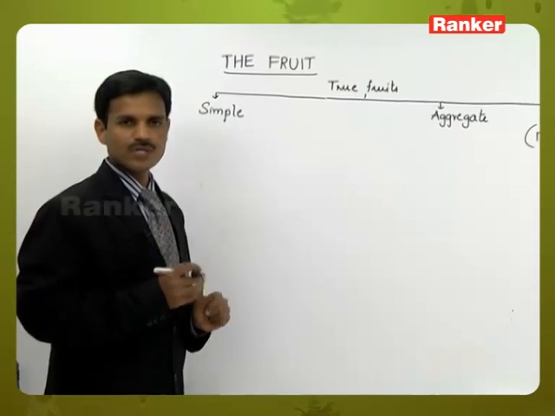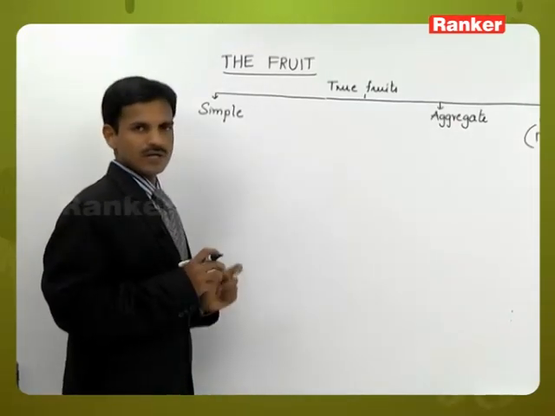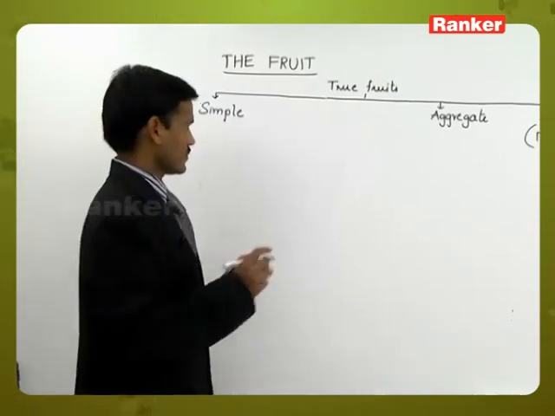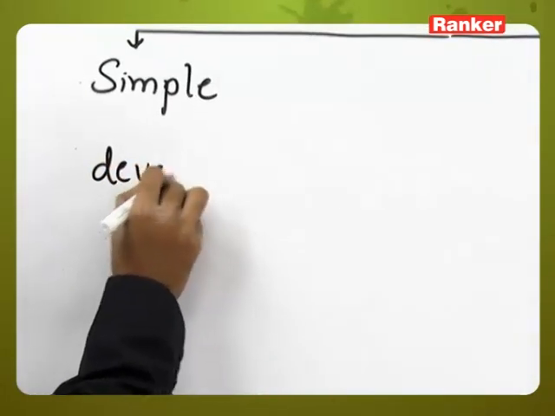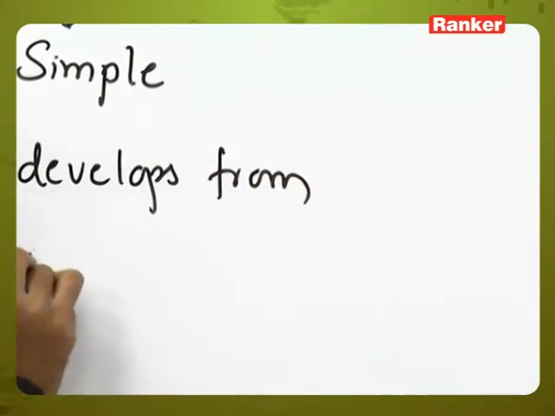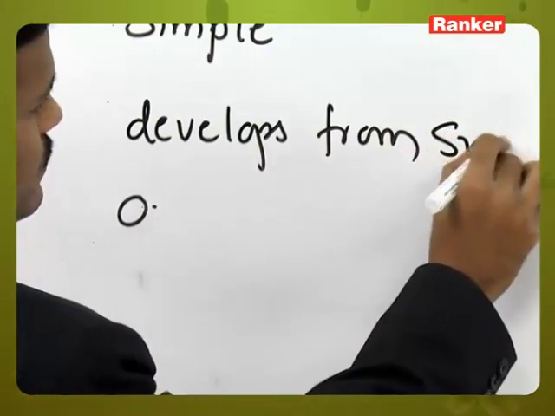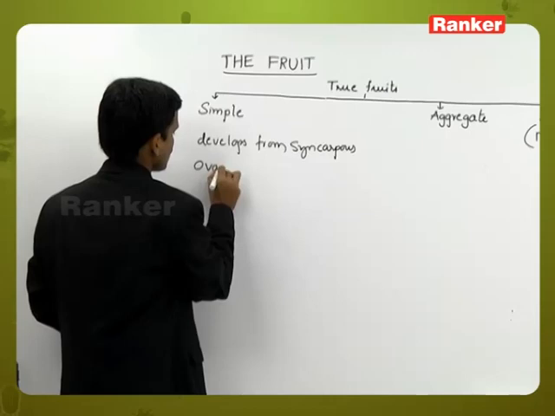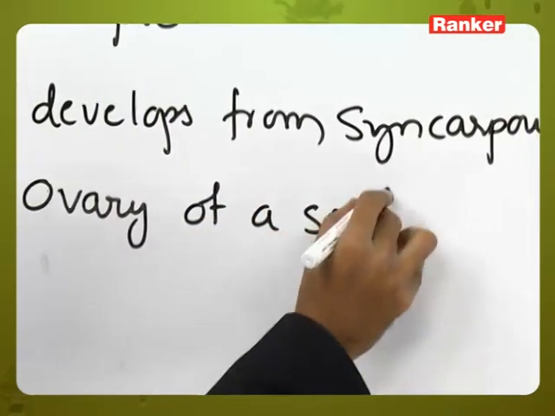Simple fruits develop from only a single flower. Here the simple fruit develops from the ovary of a single flower. It develops from a syncarpous ovary of a single flower.